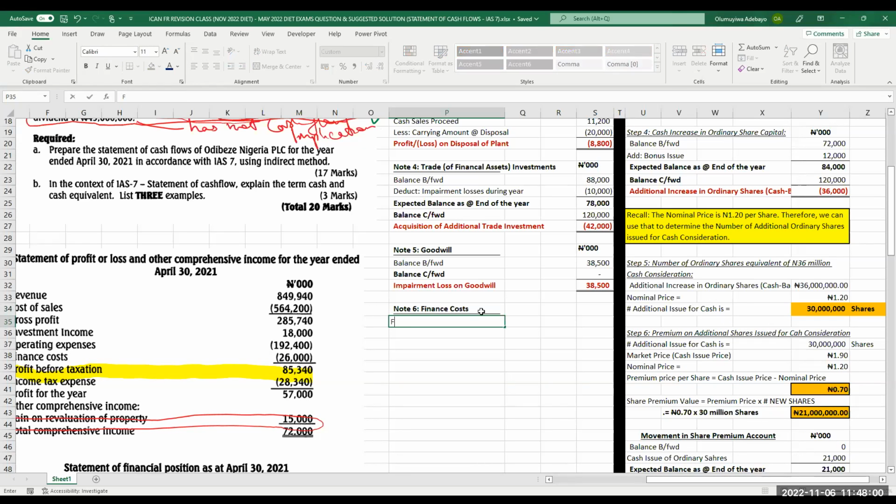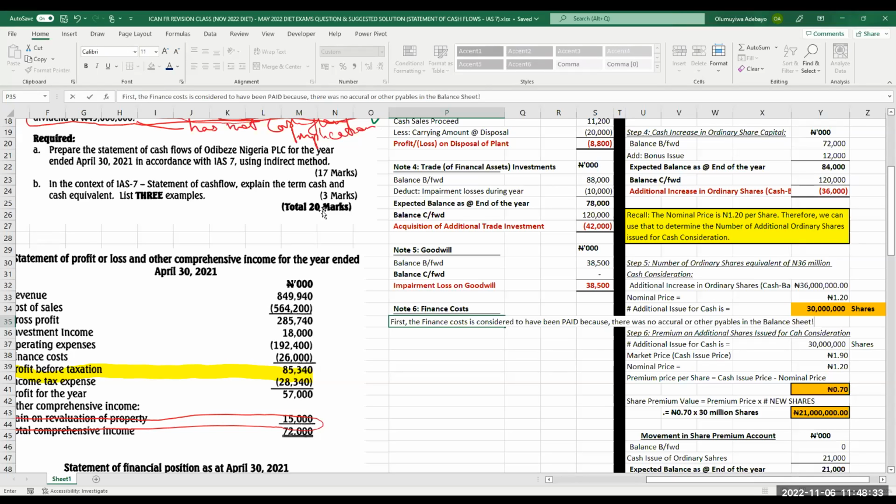The first thing is this. The finance cost is considered to have been paid because there was no accrual or other payables in the balance sheet.